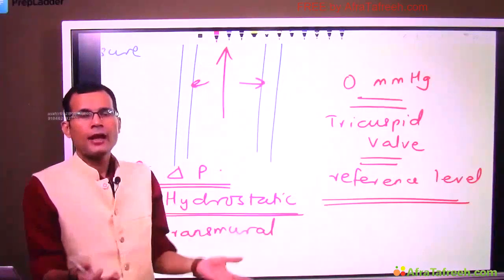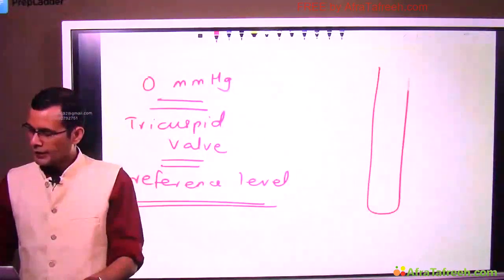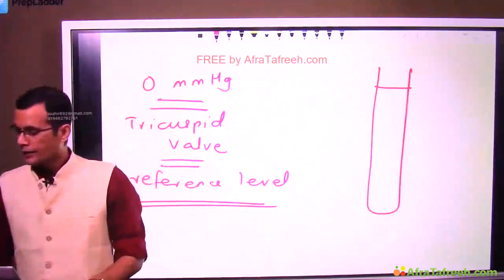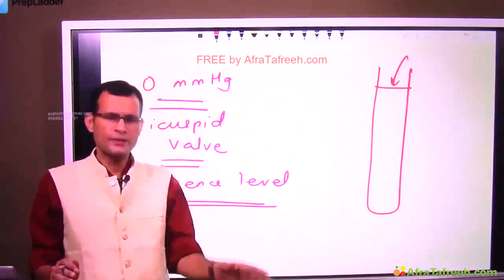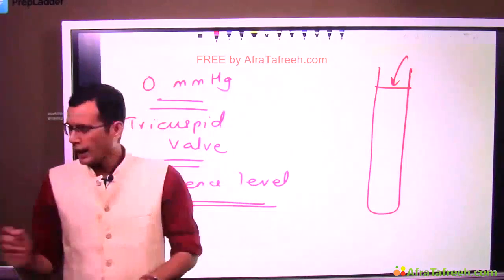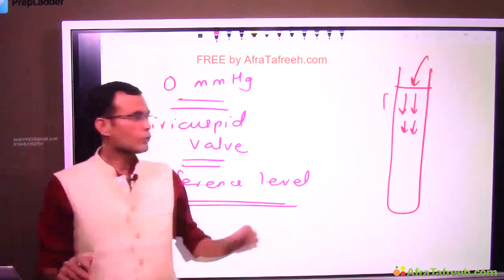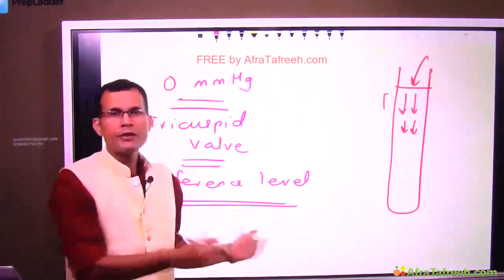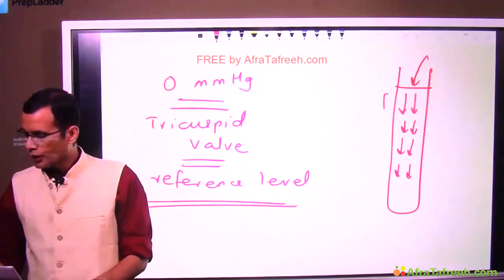gravity is acting on it. Hydrostatic factor means something like this. If this is a column of fluid and pressure at the surface is atmospheric pressure, or let's say 0, then as you go down into the fluid, because of the weight of that column of fluid, and weight means gravity involved, the pressure will go on increasing as you go down.